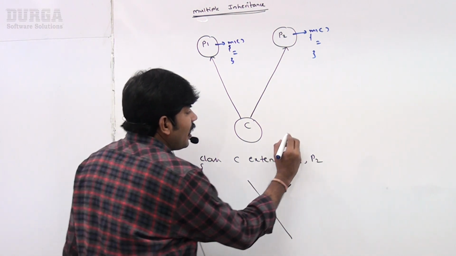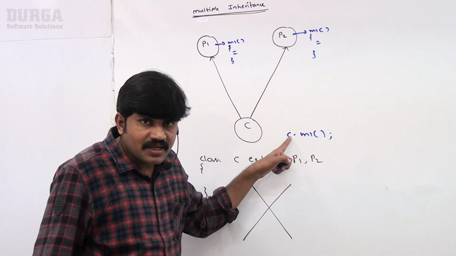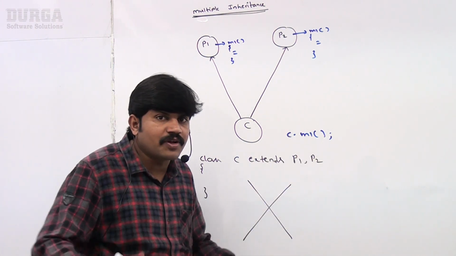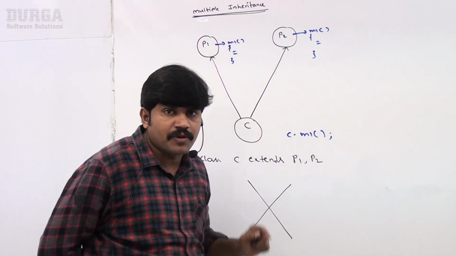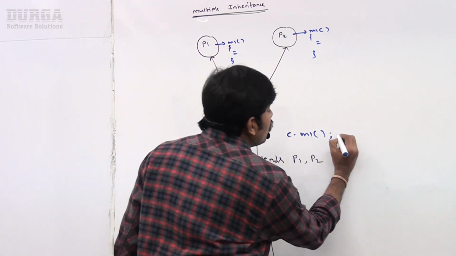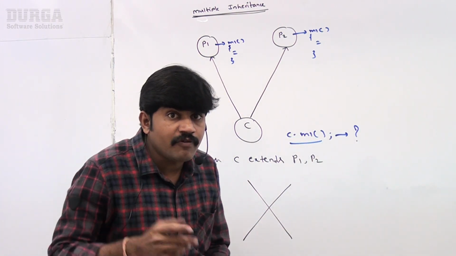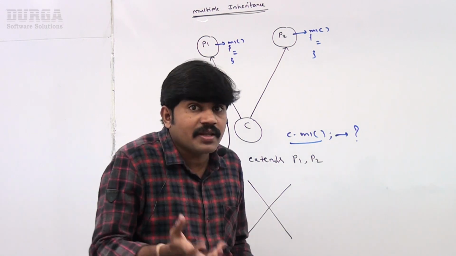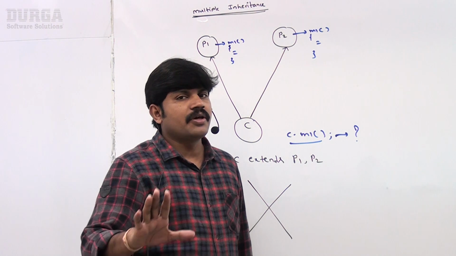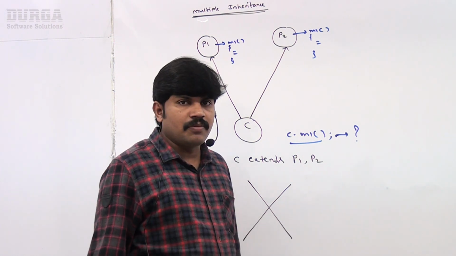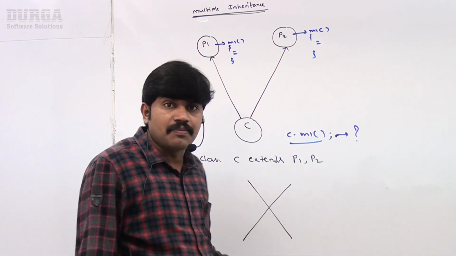Sir, on a C object, if any person calls the M1 method, which M1 method has to execute, either from parent 1 or from parent 2? There is no way to resolve this. There may be a chance of an ambiguity problem, about which M1 has to execute. My compiler or my JVM is always in trouble. That's why, because of this ambiguity problem, it's not possible to extend more than one class simultaneously.